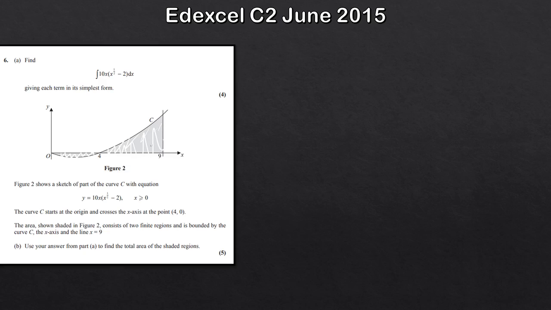So in that case then, it makes sense to split up this integration of 10x times x to the half minus 2 from 0 to 9, and we split this up then as two integrals.